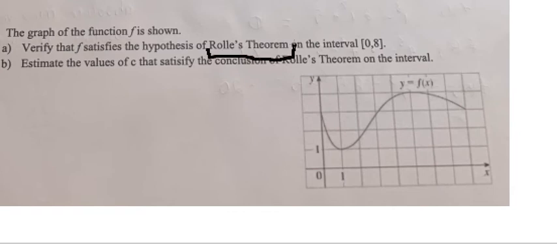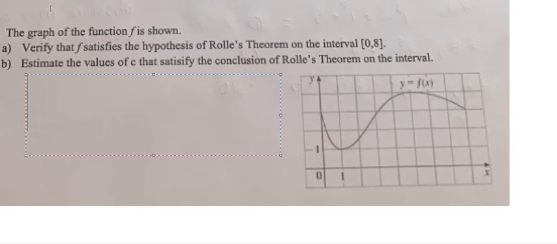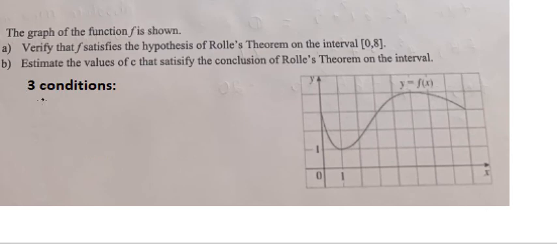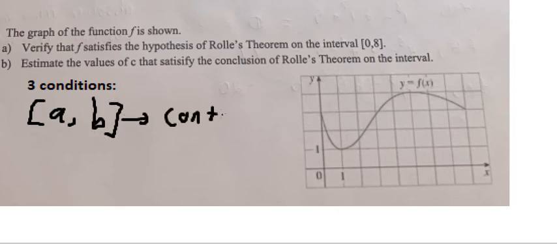We know that about Rolle's theorem, we have three conditions in here. The first one, about the closed interval from a to b, that should be continuous.